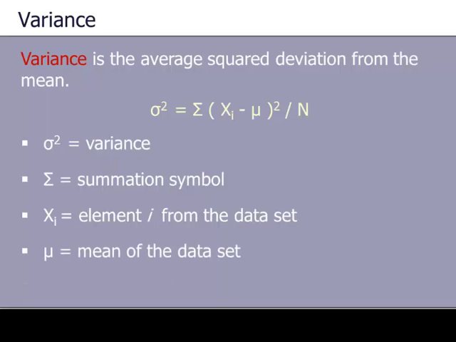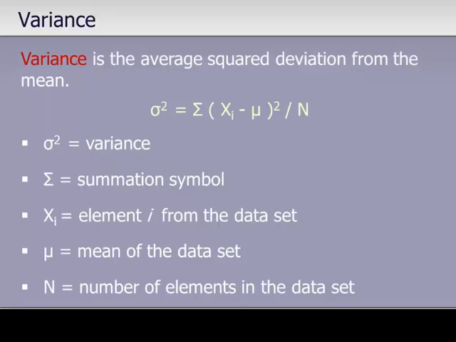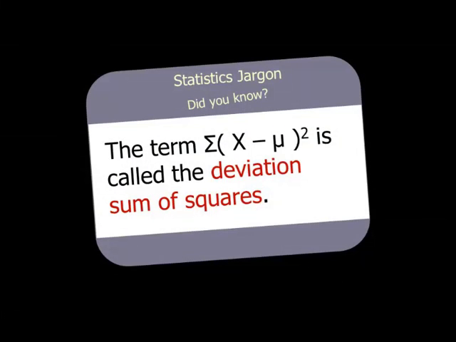Mu is the mean of the data set. And n represents the number of elements in the data set. The term sigma of x minus mu, all squared, is called the deviation sum of squares. We saw this term in the formula for variance, and it shows up in other formulas in statistics.